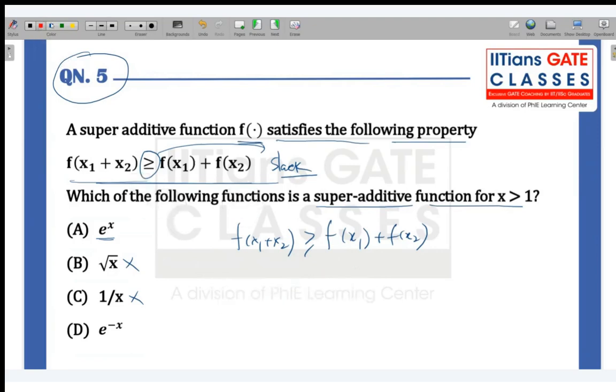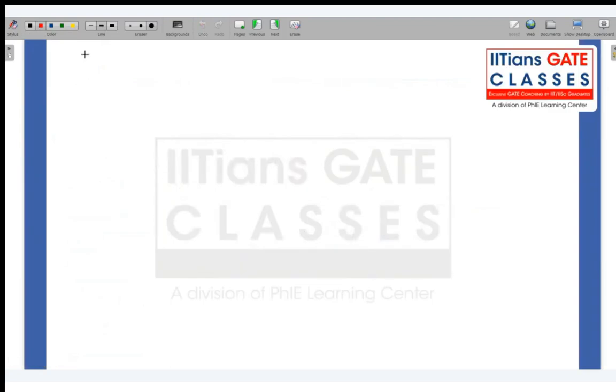I hope by this time you are able to get the answer. So suppose f of x is e raised to power x. I'm taking option number one first, because 2 and 3 already got eliminated. So here you can find f of x1 plus x2, which is e raised to power x1 plus x2.